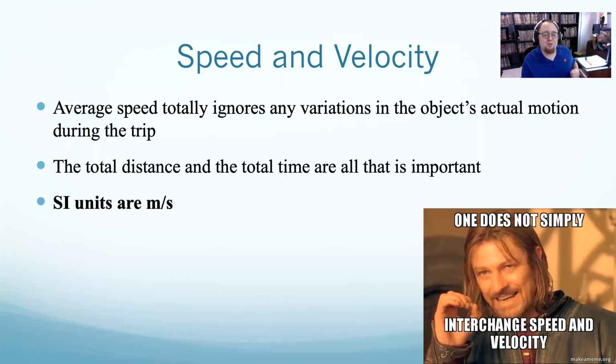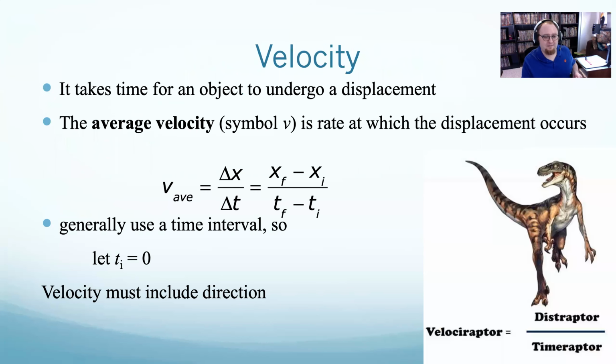Instead, I'm going to use the term velocity. Average speed is total distance over total time. Average velocity is total displacement over total time. That average velocity is just where it started and where it ended up.